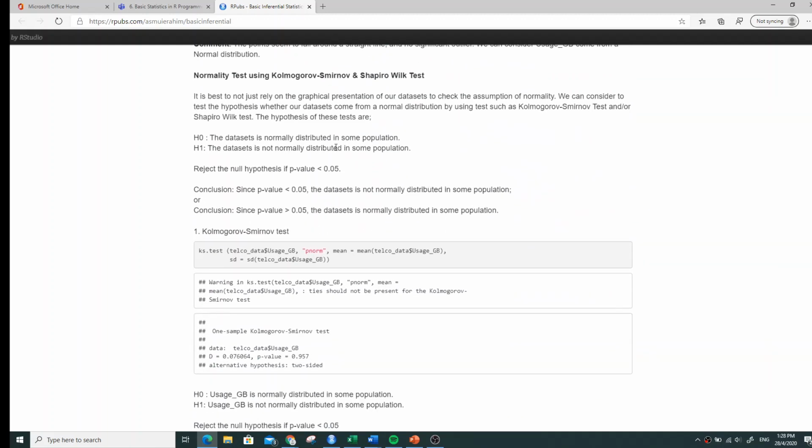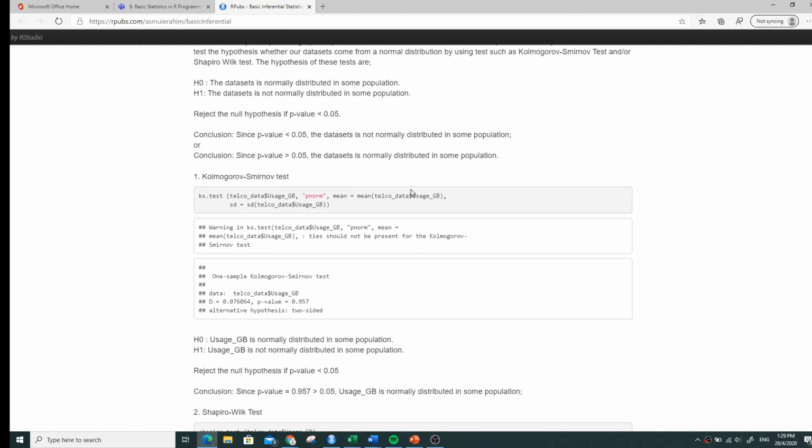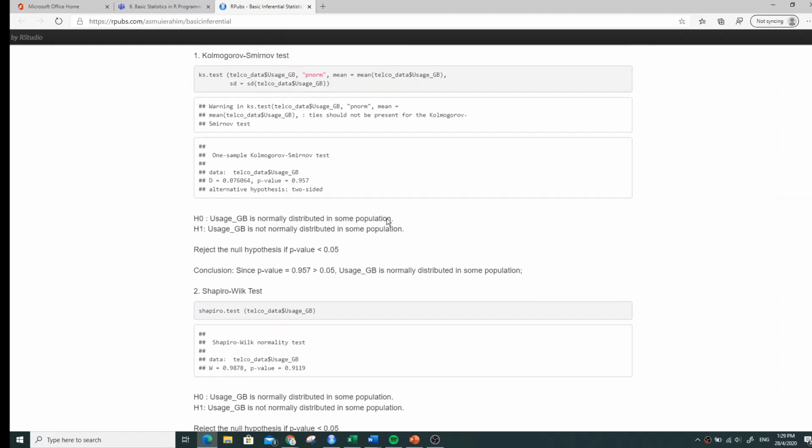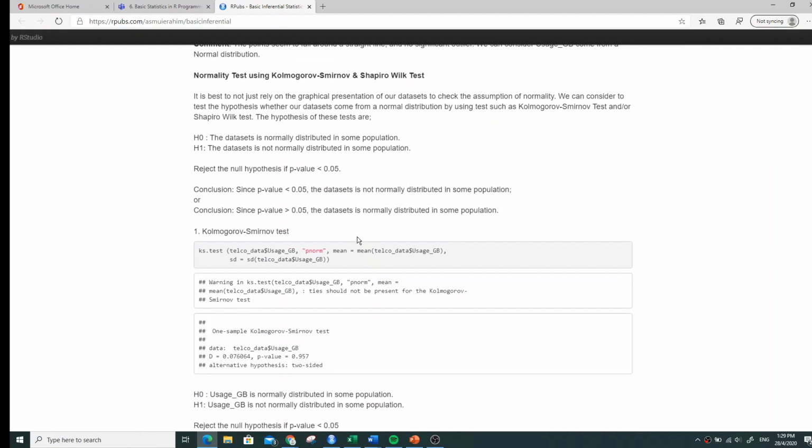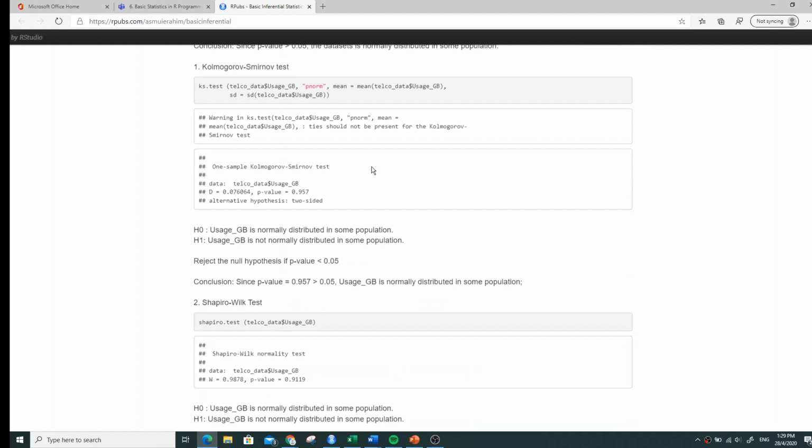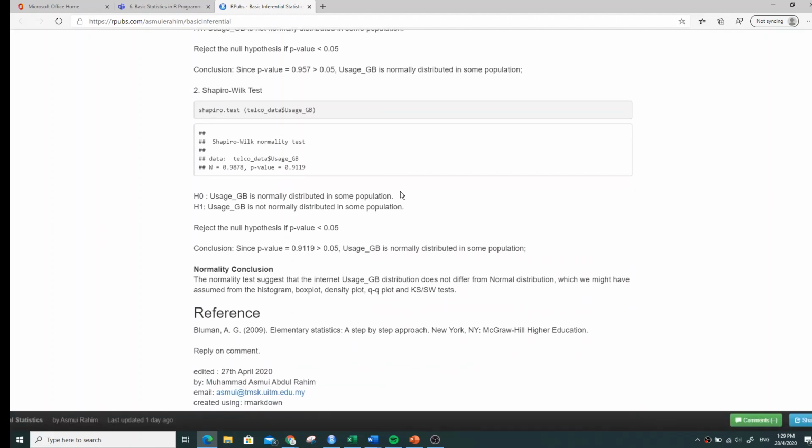Here we have the Kolmogorov-Smirnov and Shapiro-Wilk tests. These are actually the same kind of test, but depending on situations such as the sample size and so on, it is best for us to pick one rather than both. This is quite heavily discussed among practitioners. We even have another normality test such as the Anderson-Darling test and so on. At the end we will conclude whether our data is normal or not.